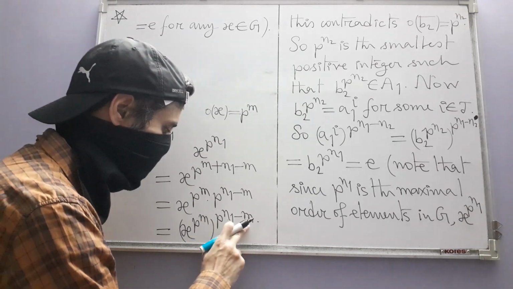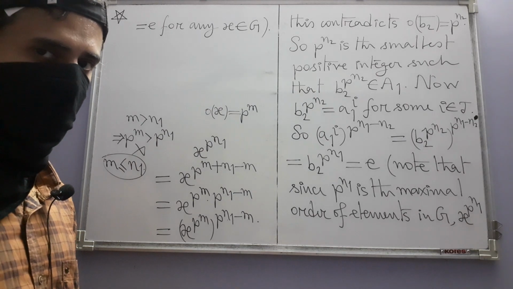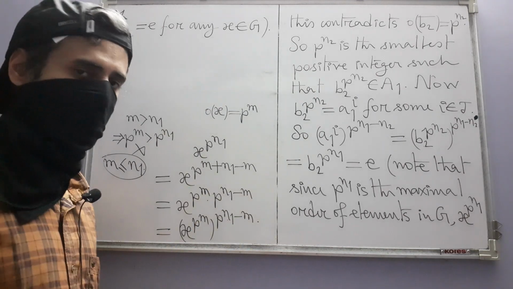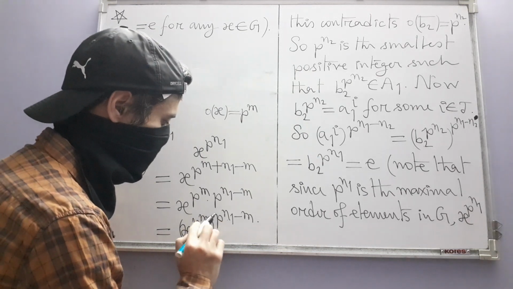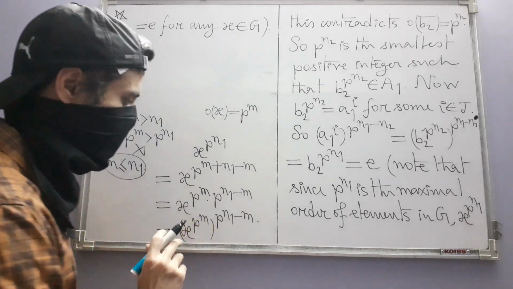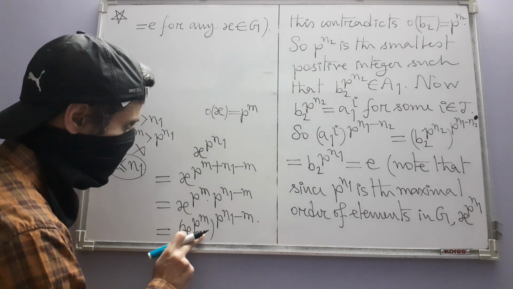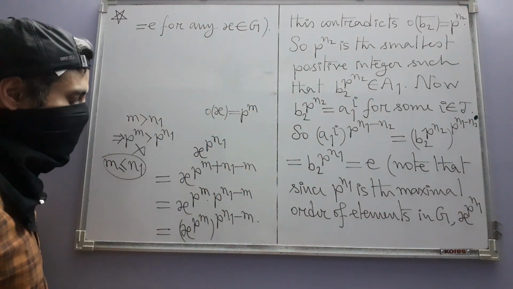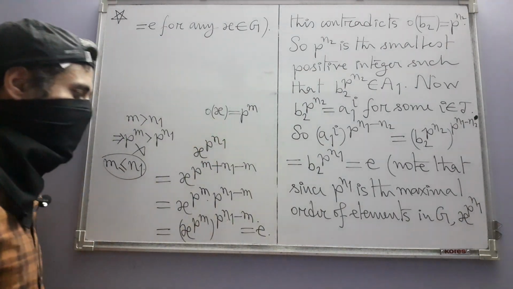Otherwise, if it was negative, this would not be an integer. Fractional powers of group elements are not in general defined. But this is E, because p to the power m is the order of x. And that is why this is equal to E.